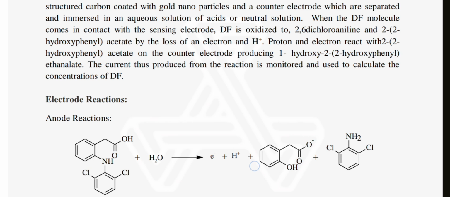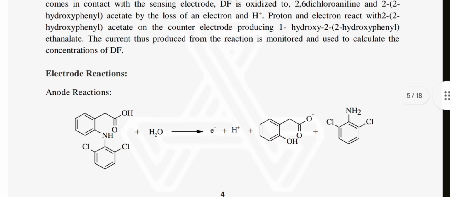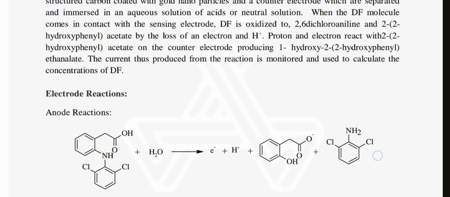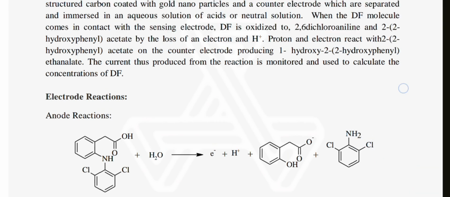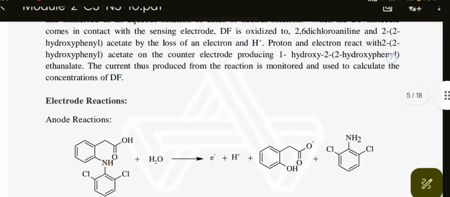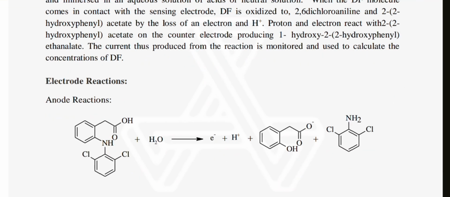Those are the electrode reactions. Anode reaction: here the names are not given. When this DF molecule comes in contact with water, H2O, it in turn gives an electron and one H plus ion, along with 2,6-dichloroaniline and 2,2-hydroxyphenyl.